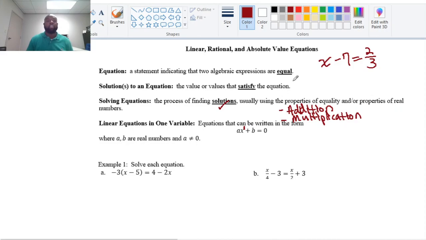This x is not under a radical, because the power would not be 1. This x is not raised to another power other than 1. And this x is not in a denominator, because the power on that x would not be 1 any longer; it'd be negative something. As long as we can write it like this, it is a linear equation.